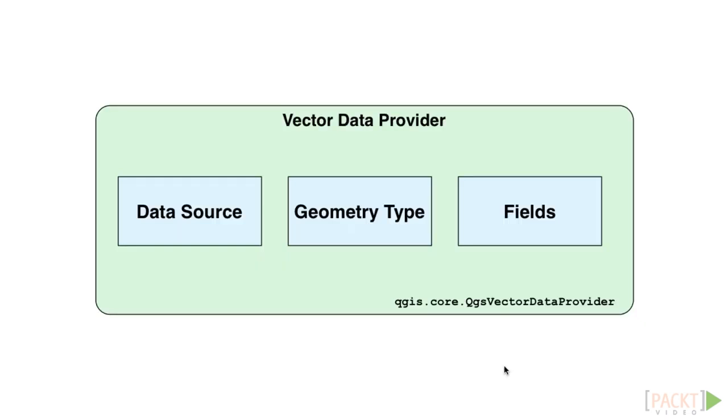A vector data provider, which is an instance of the QGIS.core.QgsVectorDataProvider class, includes a reference to the data source, a geometry type which tells you what type of geometry data is stored in the data source, and a list of fields which tell you which attributes are available. The vector data provider also includes functionality to let you search for and retrieve the features within the data source.